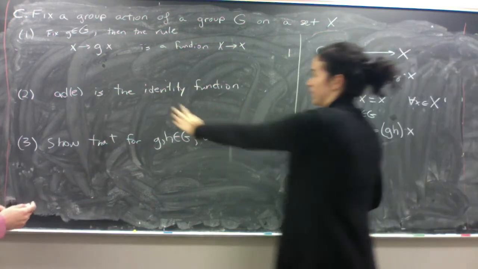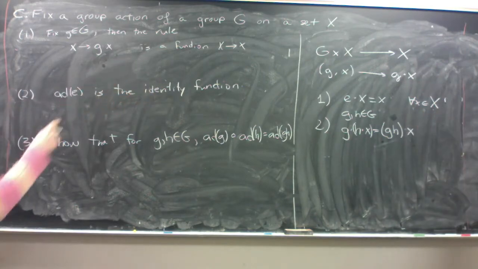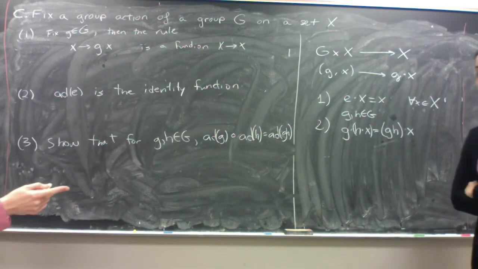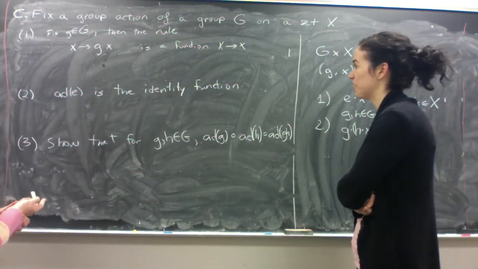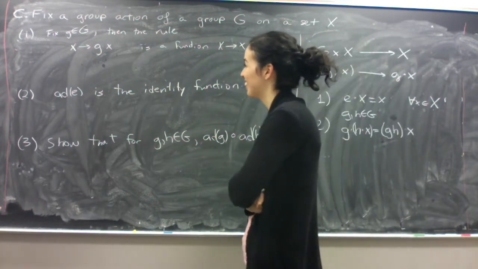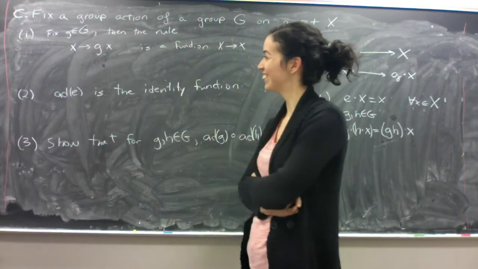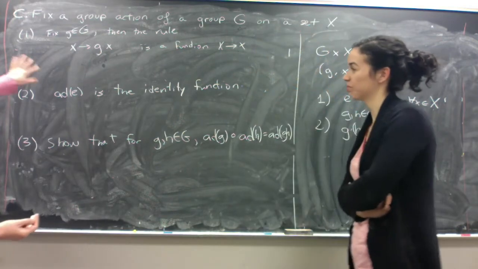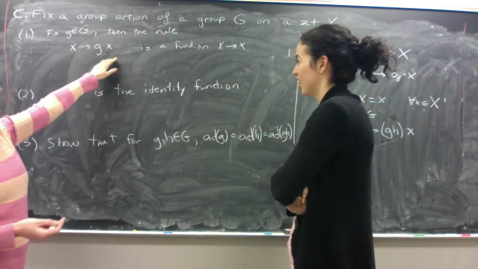So then this is definitely an element of X, because that's what the group action means. And you said something about well-defined. Do we need to show that this is well-defined? In this course, whenever we have to prove that something is a function, oftentimes we have to prove that it's a well-defined function. But we have to do that when we're mapping a set to a set, or a set of sets to a set of sets.